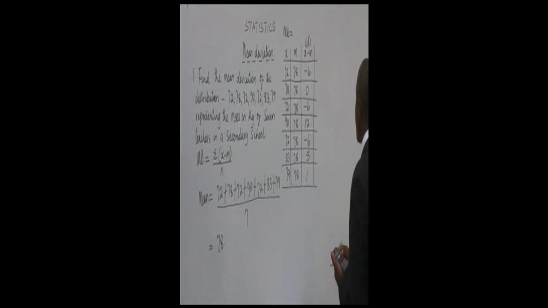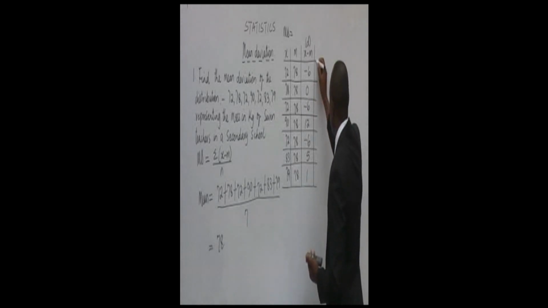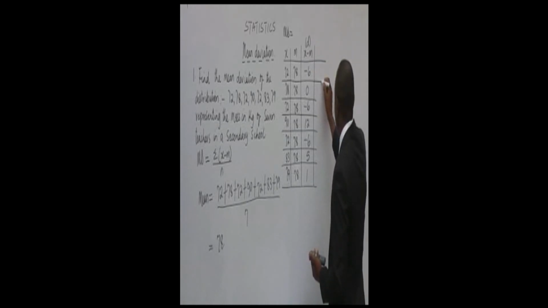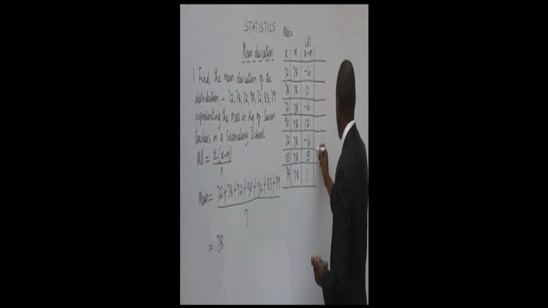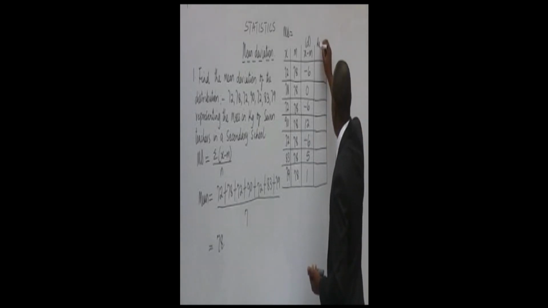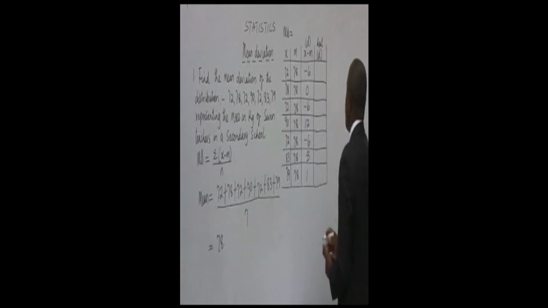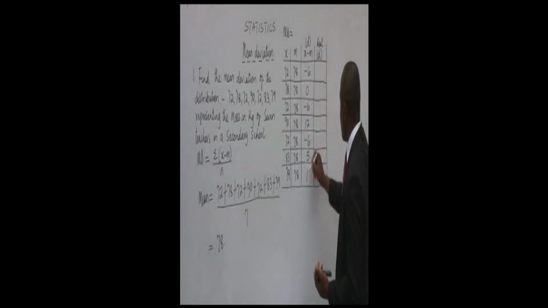Now, the real deviation we are going to apply in our mean deviation, as I told you, is assuming that all the negative deviations are positive. Real deviation, the real D. That means all the negative values you have here, call them positive.